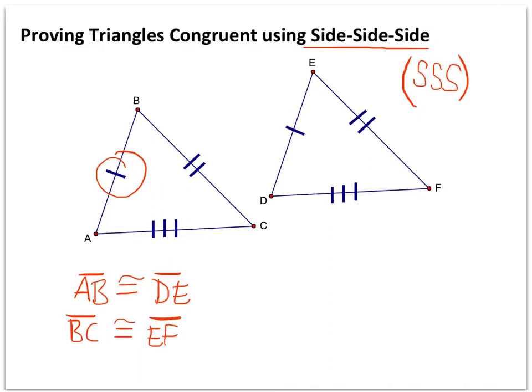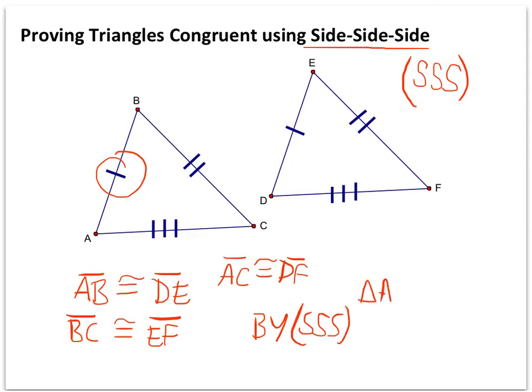And then the last side, AC, is congruent to DF. So what we can say is by side, side, side congruency postulate, triangle ABC is congruent to, again, making sure that the vertices do line up, triangle DEF.